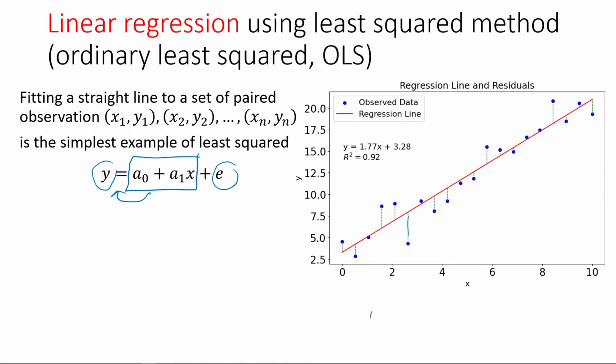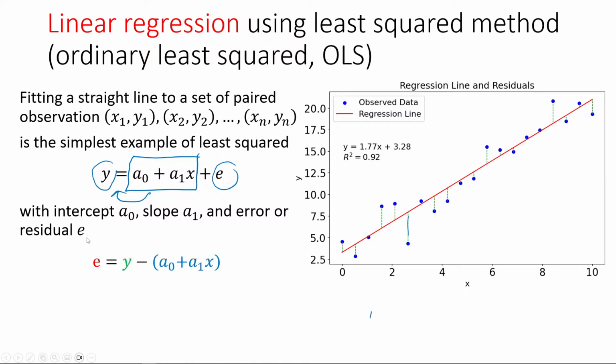So that would be the intercept, that would be the slope, and that e would be the error or the residual. If I want to find a model for my error, for my residuals, that would be this: my observed y minus my model here. That would be the error, the model for my residual.